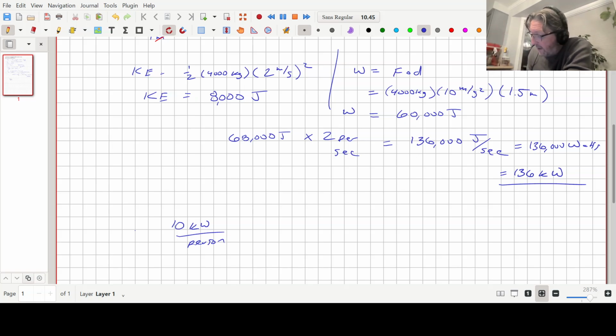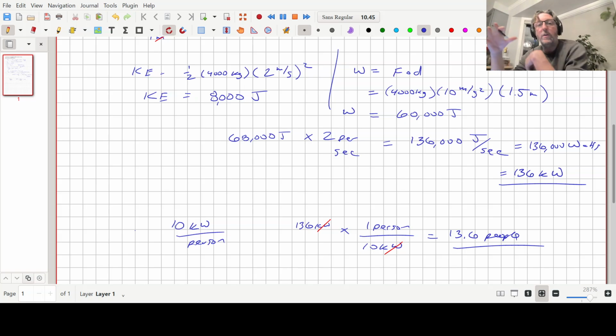I get that by saying 136 kilowatts times one person per 10 kilowatts. Then the kilowatt part cancels out, and you get 13.6 people. So this stream that is 4 meters across, 1 meter high, and has a flow rate of 2 meters per second provides enough power for 13.6 people at best.